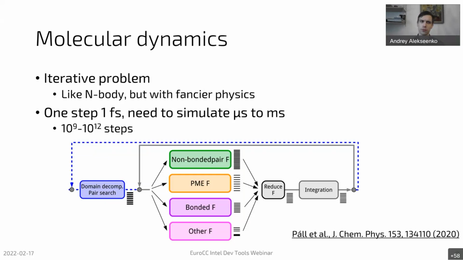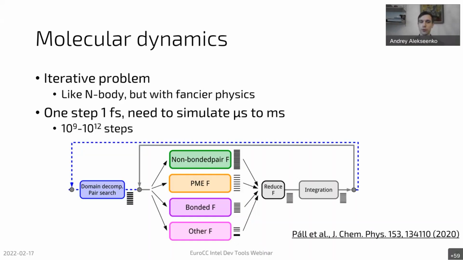Except it's not gravity. It's different forces like electrostatics, covalent interactions, and so on. But the general formulation of the problem is quite similar to classical n-body. The typical time step, so the simulated length of a single iteration, is 1 femtosecond or a few femtoseconds. But the biologically interesting processes happen on a scale of microseconds to milliseconds, or sometimes even seconds.